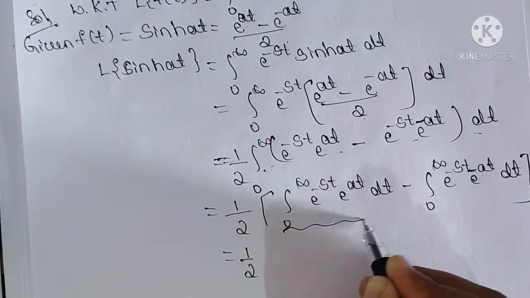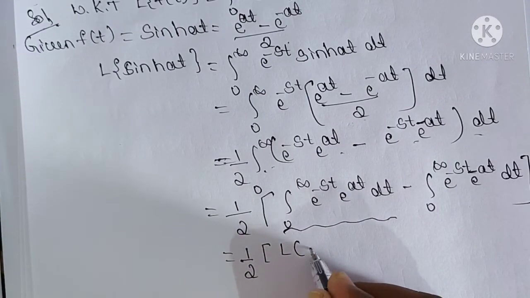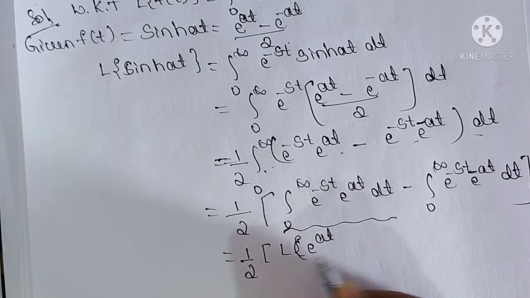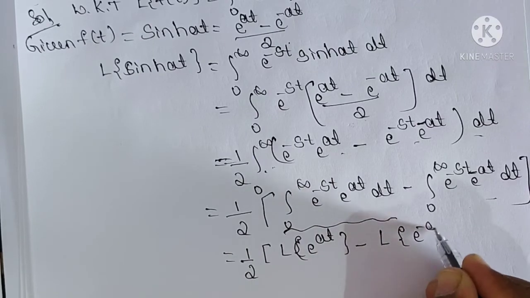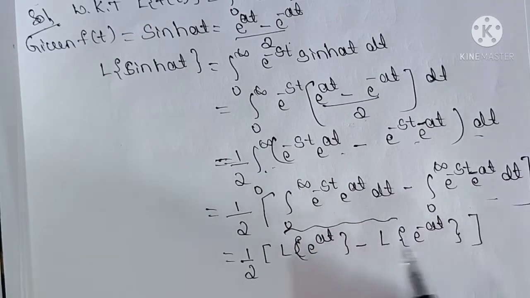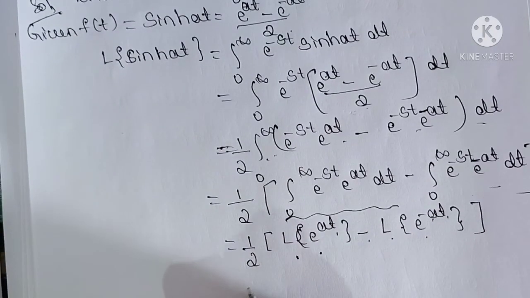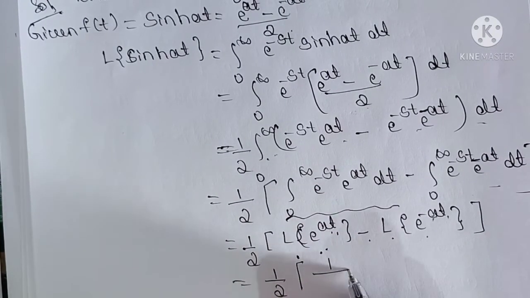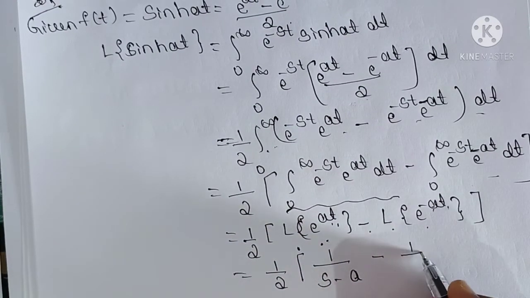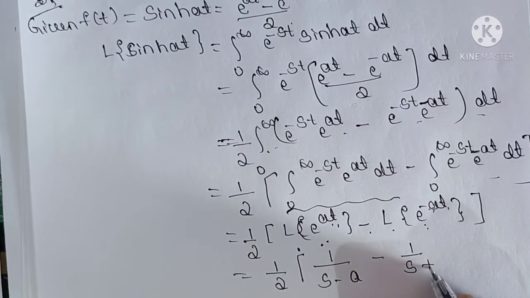See, by definition of Laplace transformation, this can be written as L of e power at minus L of e power minus at. In previous functions I have solved L of e power at and L of e power minus at. 1 by 2 into L of e power at, whose value is 1 divided by s minus a, minus L of e power minus at, whose value is 1 divided by s plus a.